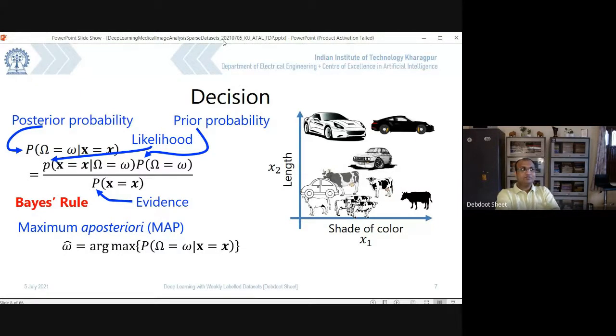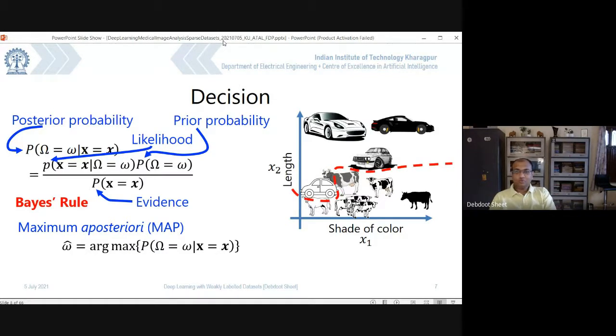As I keep on varying the value of x, I will be able to cover the whole of this feature space, and as I cover the whole feature space, I will get my posterior probability. Whichever class has the highest posterior probability, I will assign a decision in favor of that particular class. So this is really what we have to do.